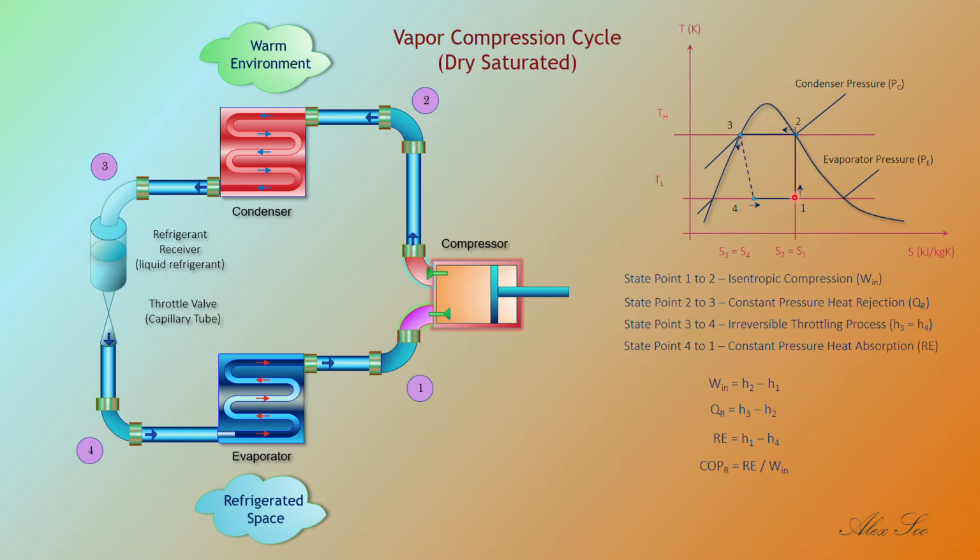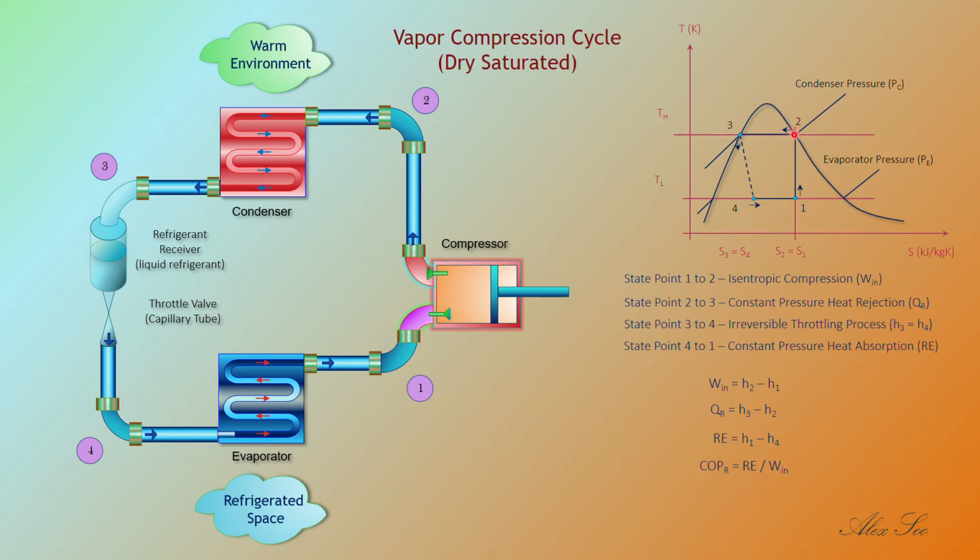So H1 here shows that the vapor compression cycle is still not a perfect cycle, because where you refer to point 1 here, it is actually in the region of liquid and vapor mixture.